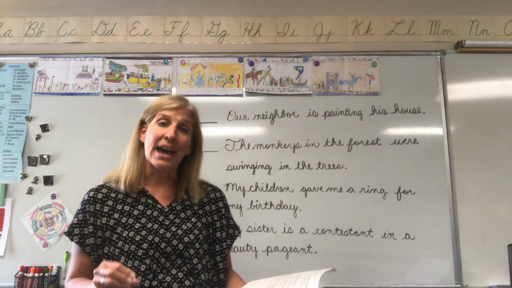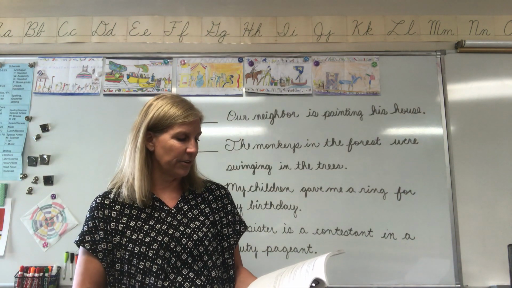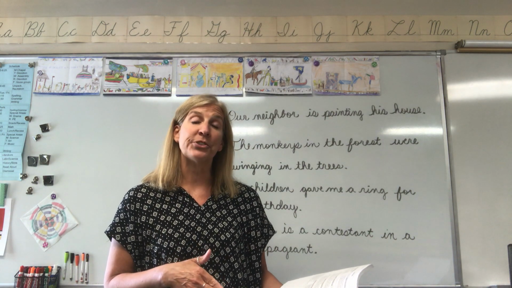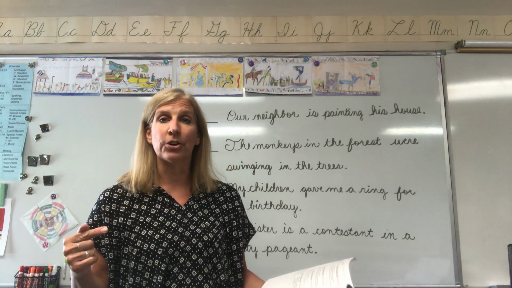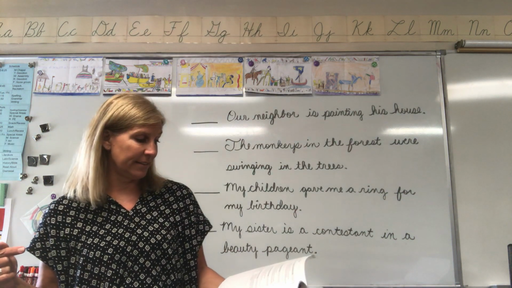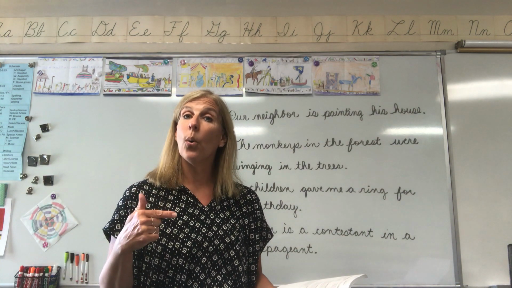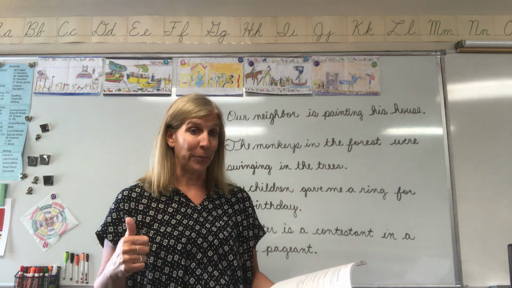A predicate noun means the same thing as the subject word. A predicate noun is located after, and here's a key difference, a linking verb, not a verb transitive. To find the predicate noun, ask what or who after the linking verb.